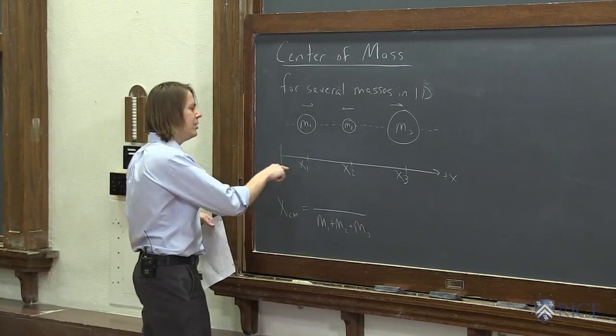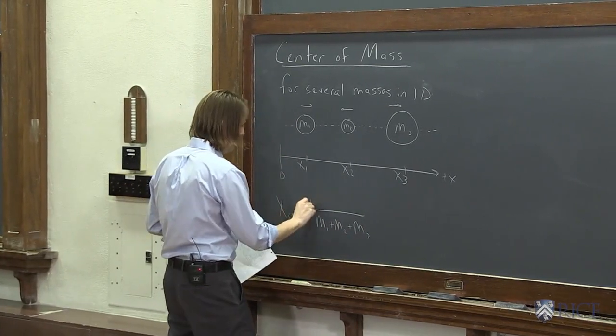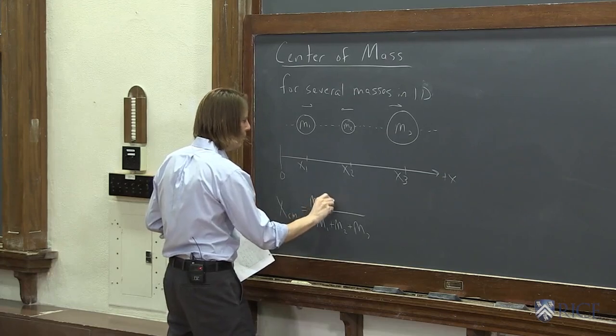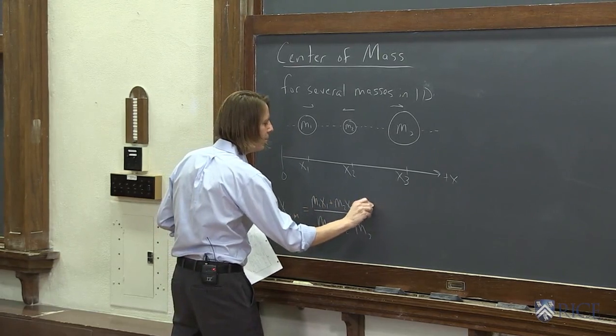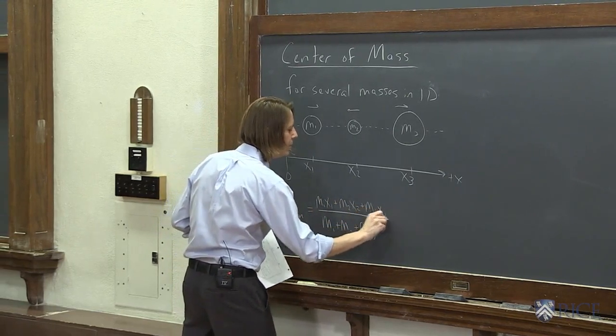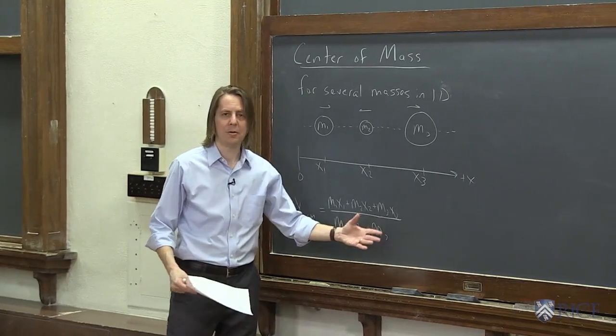And on the top you put the position of each one times its mass. So this is m1 x1 plus m2 x2 plus m3 x3. And if there were 4, you would just add another term here and another term down here.